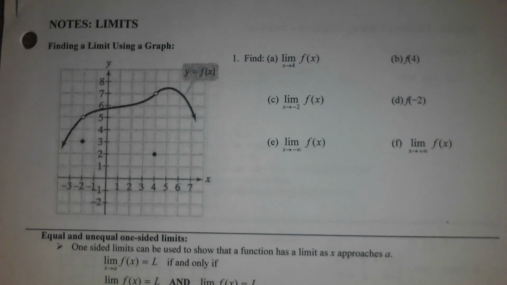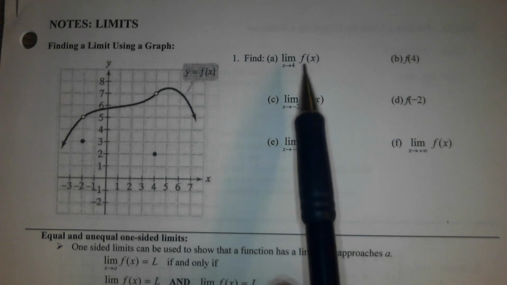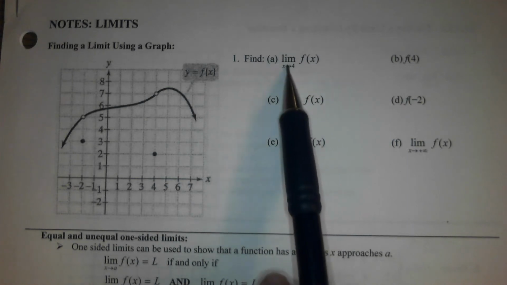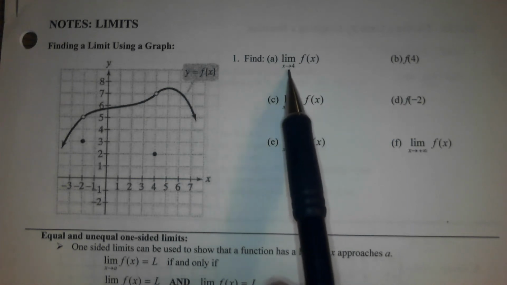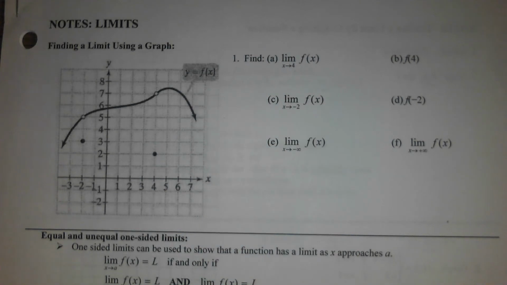Limits is really the intro to basic calculus, and I think you'll find this pretty easy right now. When you're asked about the limit of a function, first of all, let's talk about how to read this. You're being asked for the limit of the function as x approaches 4. So that's a little right arrow there, and you would read that as x approaches 4.